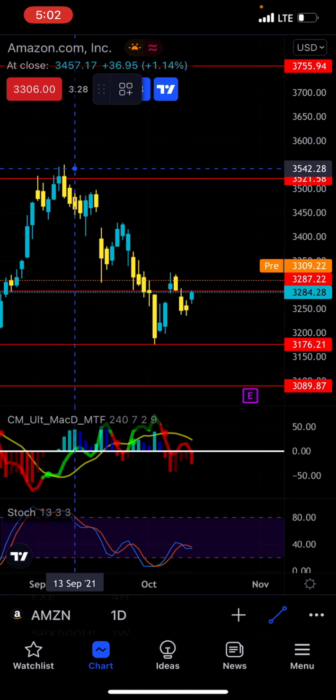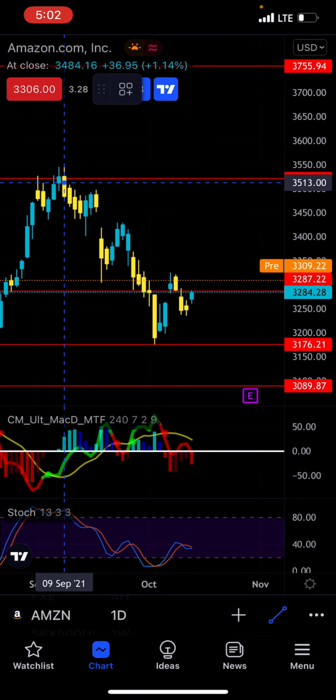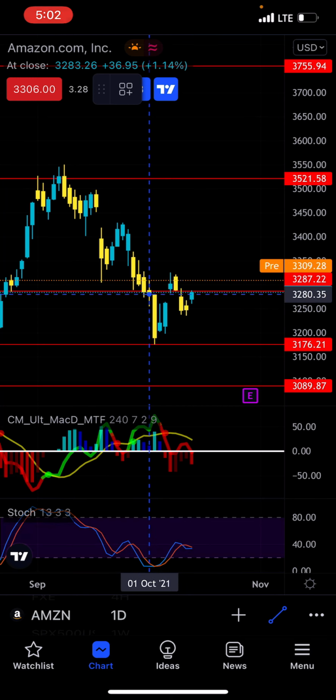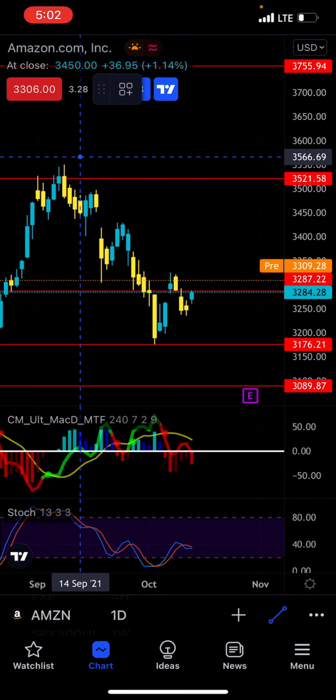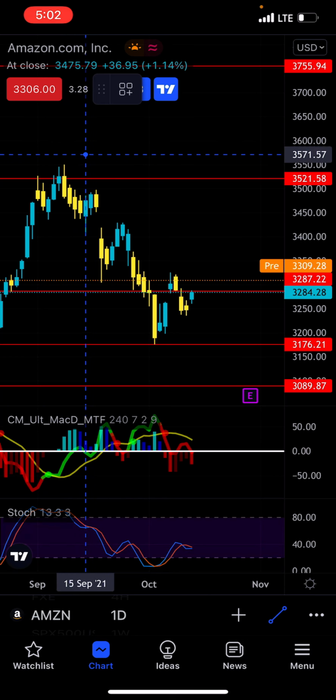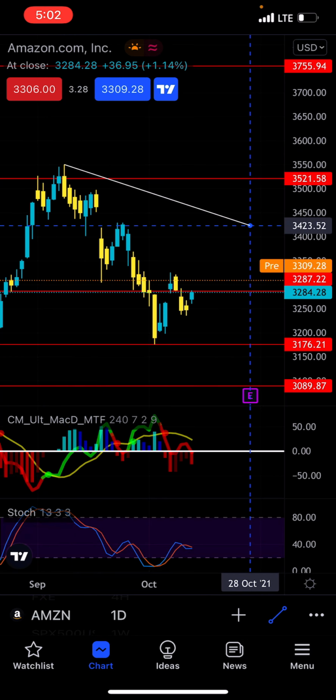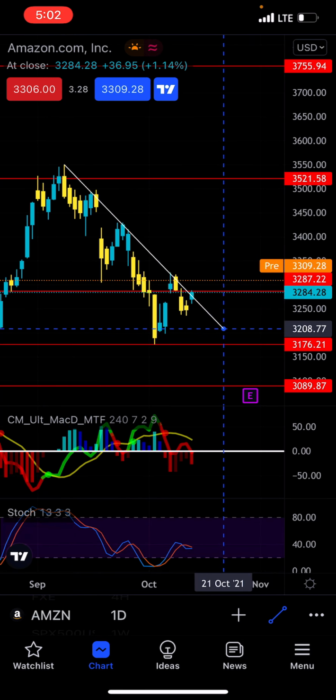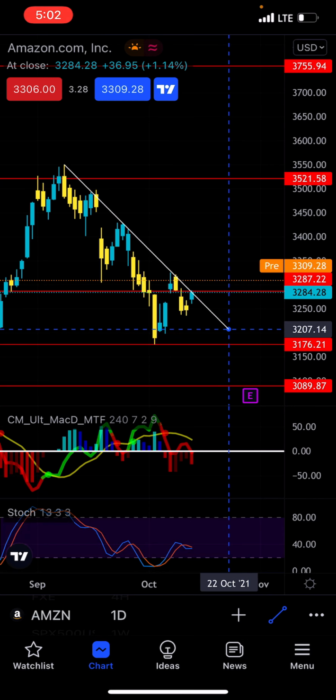I would start off at the first instance where we're actually seeing bear movement, which would be this candle right here.